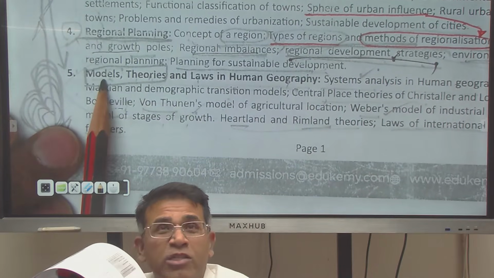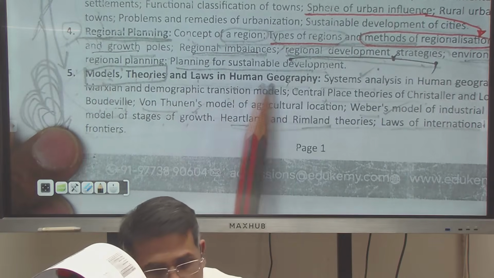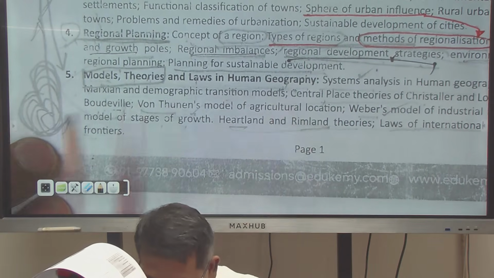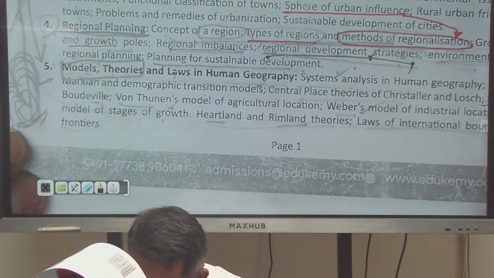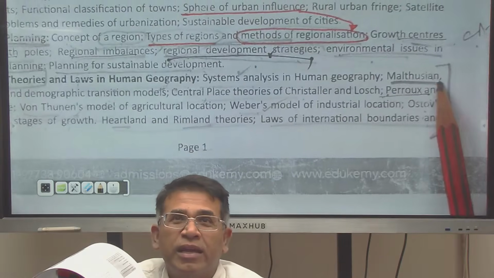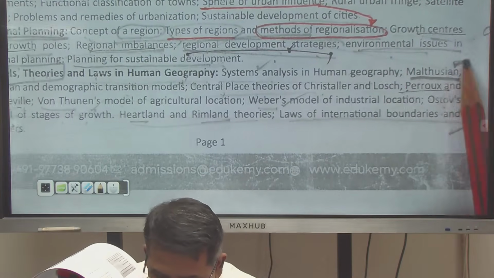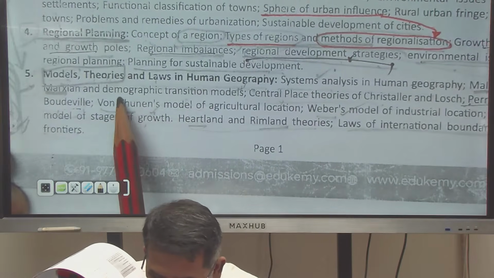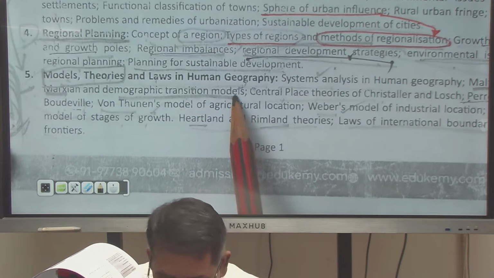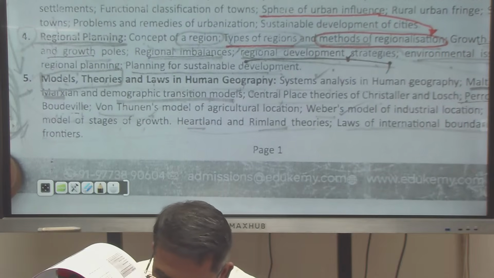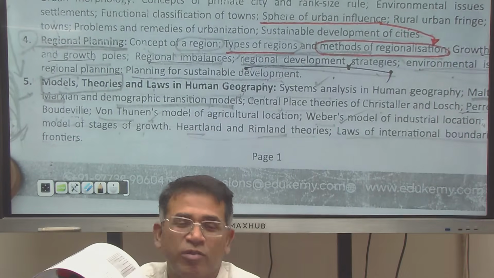Look at this unit called Models and Theories and Laws in Human Geography. This is unit number 10 of paper 1. In this you have Malthusian theory, Marxian theory, and demographic transition models. This again is part of population geography.